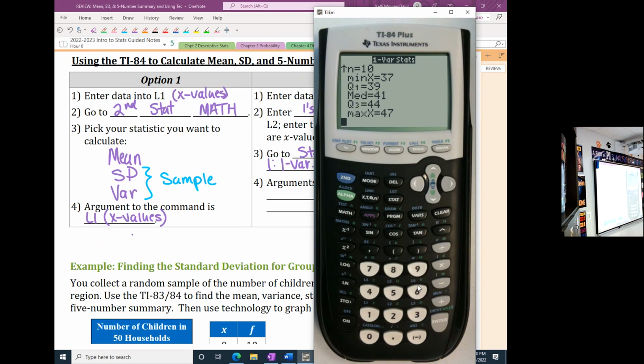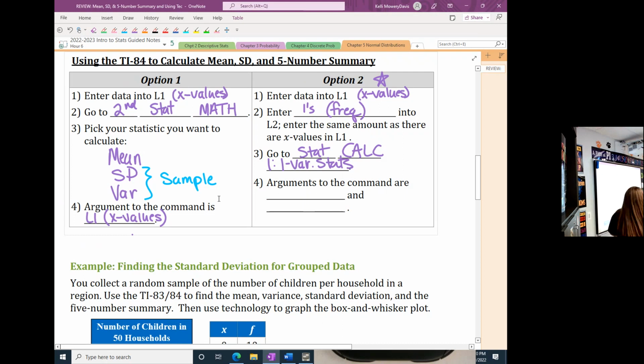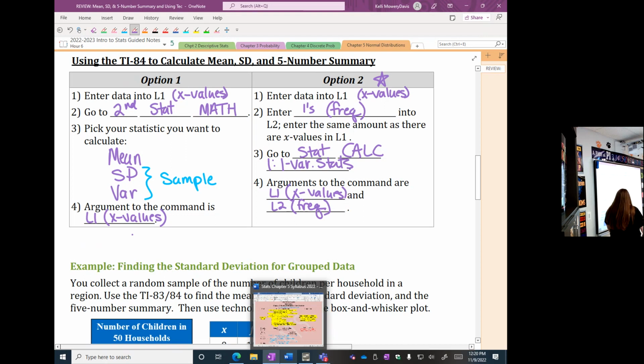And it finds all of that with one command. So the arguments that it expects in here, just so you know, are L1, which is your data, your X values, and L2, which is your frequency. That's what it's prompting me for.